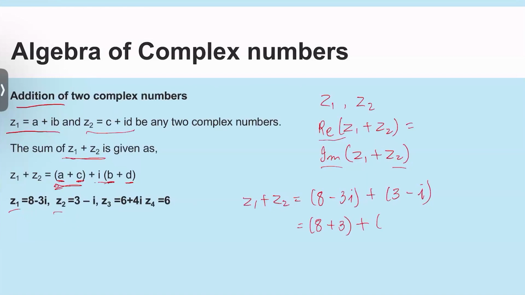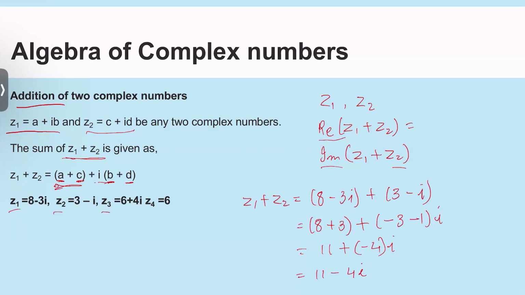Then you have minus 3i and minus 1i. So what you are left with is 11 plus minus 4i, which is 11 minus 4i. This is how you add.